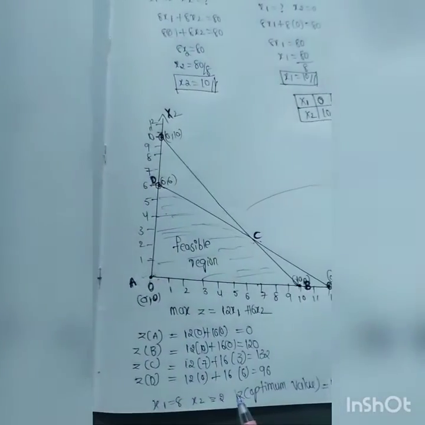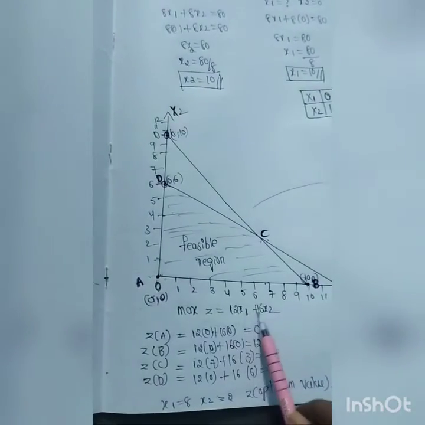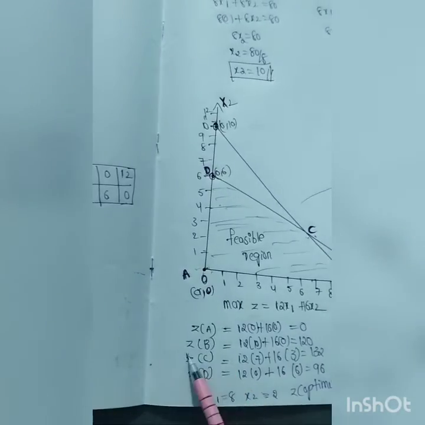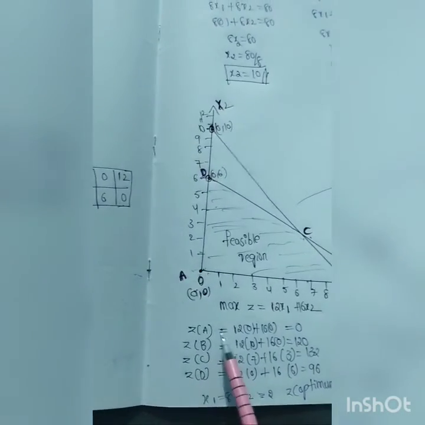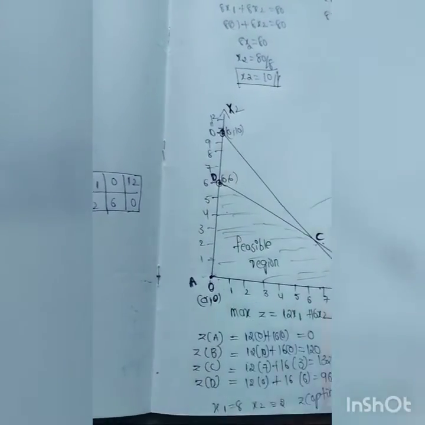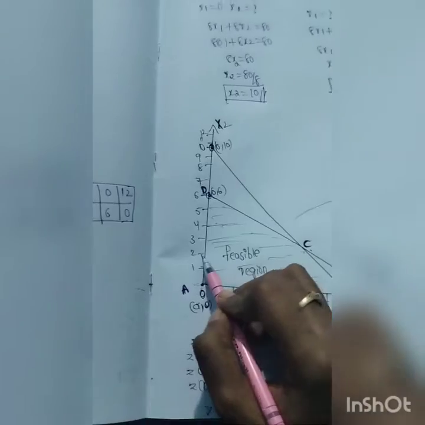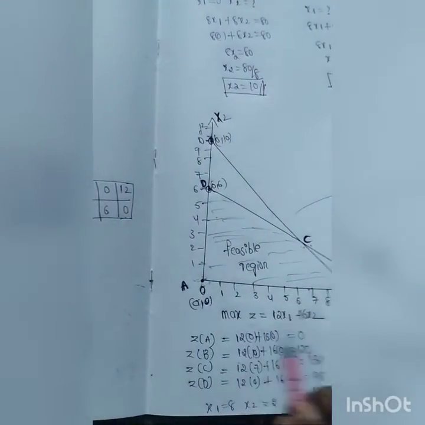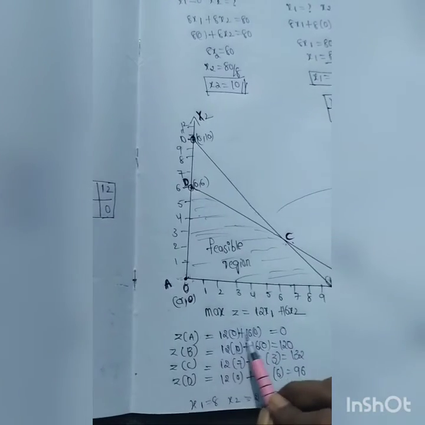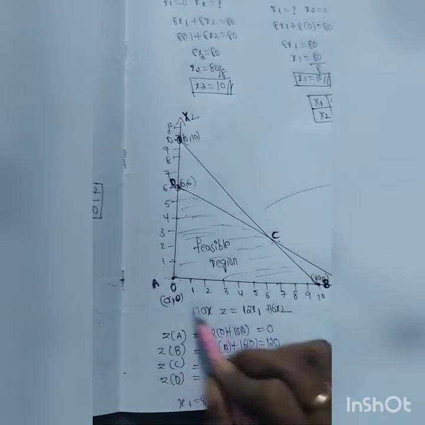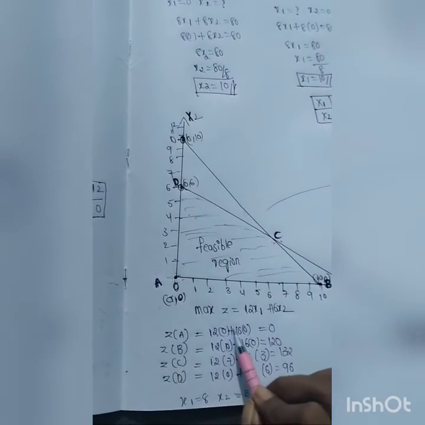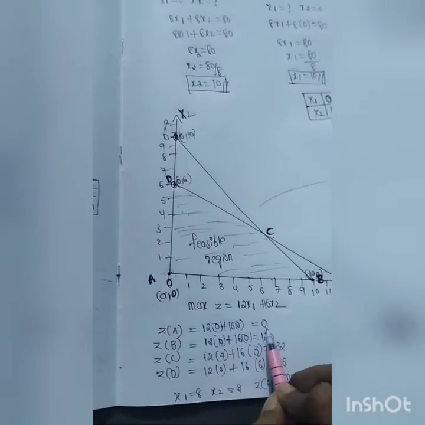And find out the maximization Z equals 12x1 plus 16x2. So enter ZA, ZB, ZC and ZD. So we have to enter 0 comma 0. Put x1 equals 0 and x2 equals 0, and A equals 12 into 0 plus 16 into 0, this equals 0.